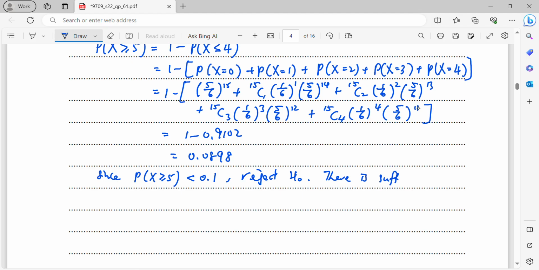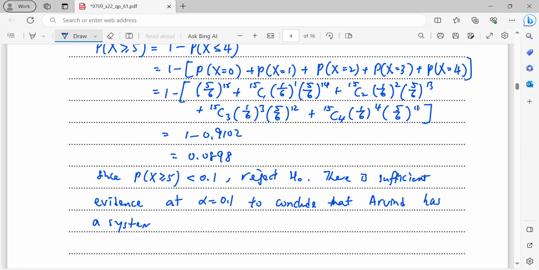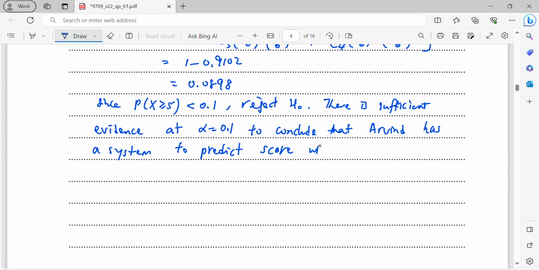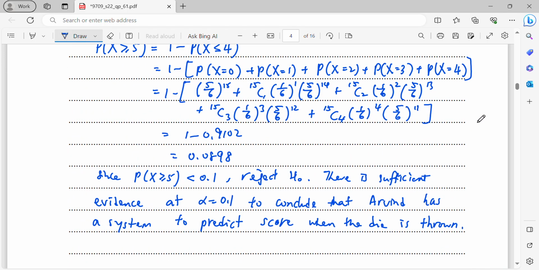So there is sufficient evidence at alpha equals 0.1 to conclude that Arvin has a system to predict the score when the die is drawn. Alright, so that's the solution of this question.